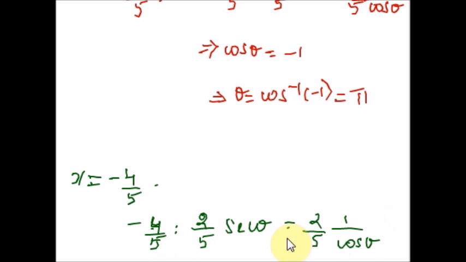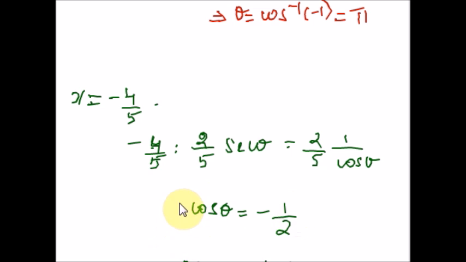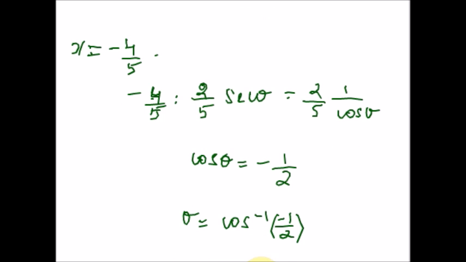If I multiply the entire equation throughout by 2 over 5, I get negative 2 equal to 1 over cos theta, which is nothing but cos theta equal to negative 1 over 2. Now just take cos inverse on both sides of the equation. So you'll get theta isolated on the left side, and on the right side cos inverse of negative 1 over 2. So what would be the value of theta? Yes, 2 pi over 3.